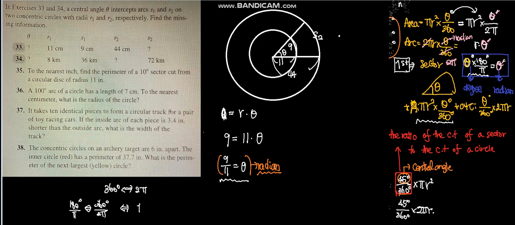Well, I will just go ahead and convert this to degrees for you. 180 over pi. This is because we are converting radian into degree, right? Then we need to multiply 180 over pi. Okay? No, sorry, pi over 180.